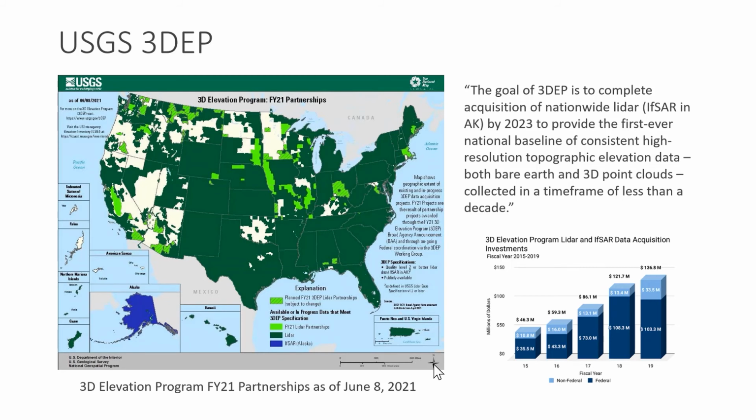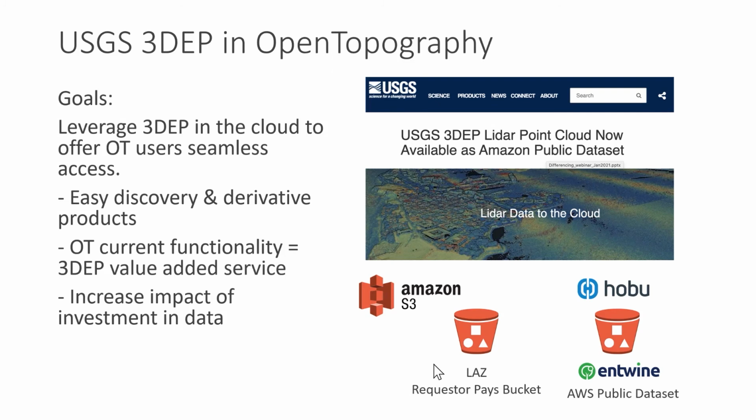Much of the investment goes into the acquisition, and we are part of a number of pathways to make the data available. We are able to work with colleagues who have enabled access to LiDAR data from Amazon as a public data set. And this is very exciting.